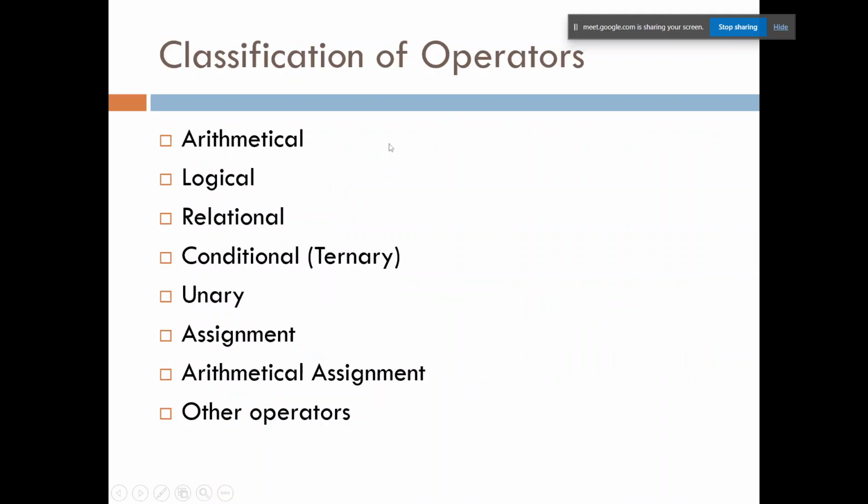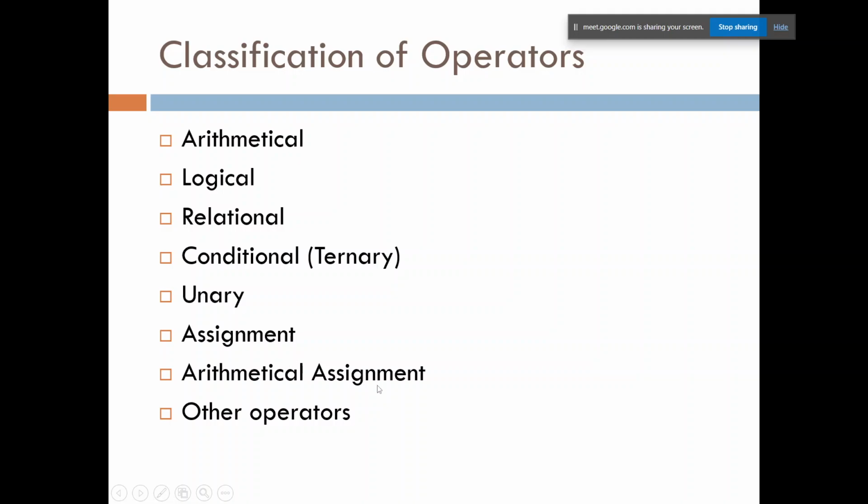Coming to the classification of operators, we further divide all the operators, binary and unary, into different classifications like arithmetical operators, logical operators, relational operators, conditional or ternary operators, then unary operators and assignment operators. Assignment operator, only one will be there, that is equals to.